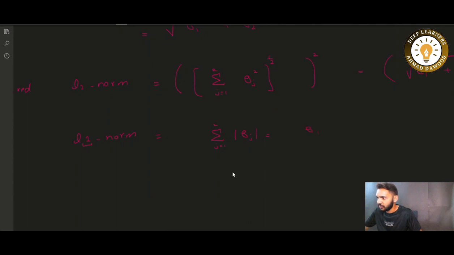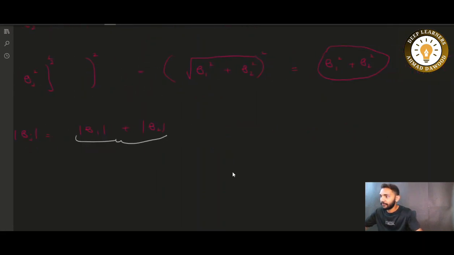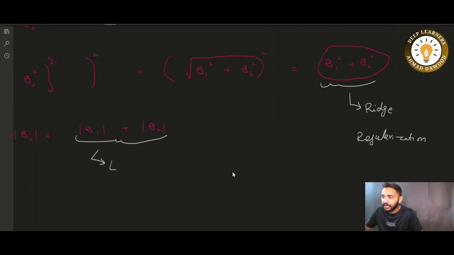That is, absolute of theta 1 and absolute of theta 2. Sometimes we use one as a penalty and sometimes the other. When we use the squared L2 norm as a penalty, we call it ridge regularization. And when we use the L1 norm as a penalty, we call that lasso regularization.